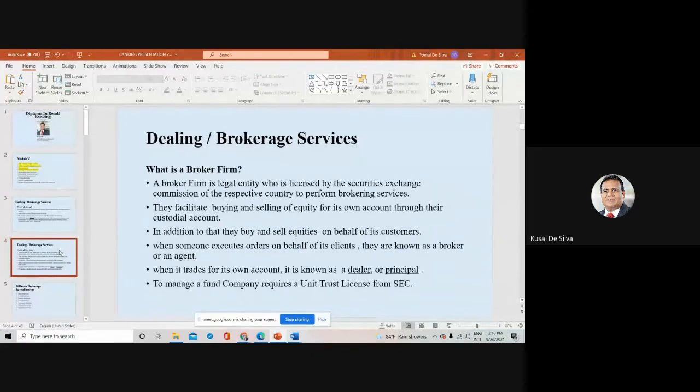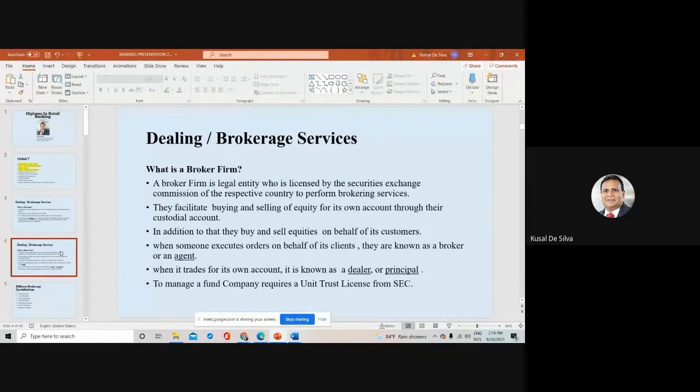What is a broker firm? There are a lot of broker firms in Sri Lanka. A broker firm is a legal entity licensed by the Securities Exchange Commission of the respective country to perform brokering services. Some are under banks.